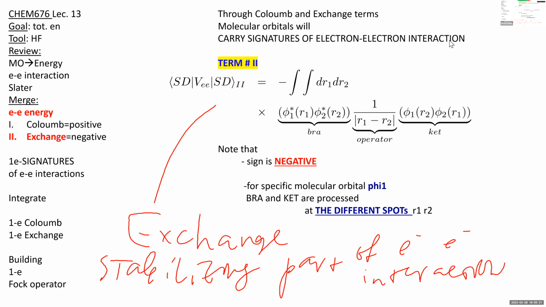And everything else here is positive, so the total answer will be negative. So this is a term that contributes to the total energy of interaction between two electrons. But it is a negative term. A negative term in energy means it stabilizes. It brings us to a minimum, to a stable state that doesn't want to break into pieces.